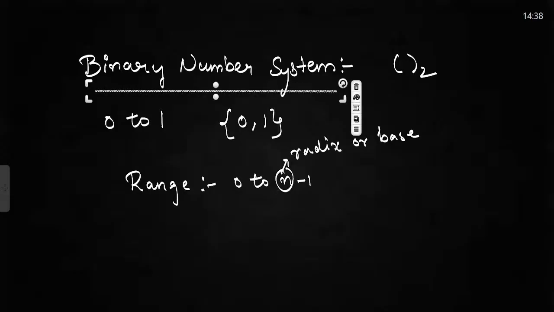So now let us understand the binary number system and its weights. Now let us say I am having a binary number 10101. So let us say this is my binary number. Now what is the decimal equivalent of this number? So let us understand with decimal number system.